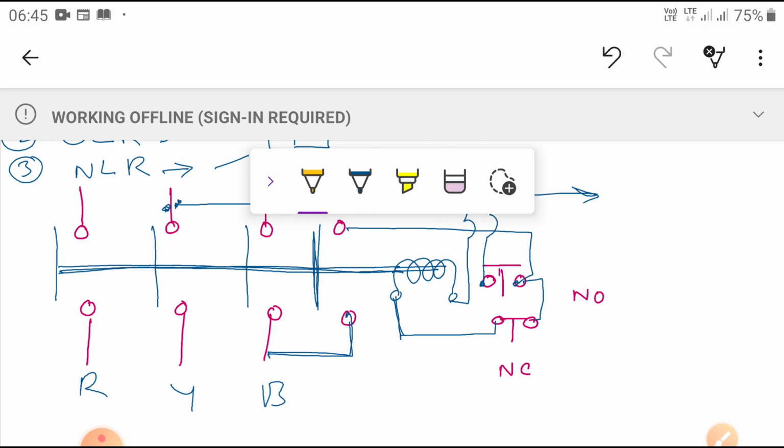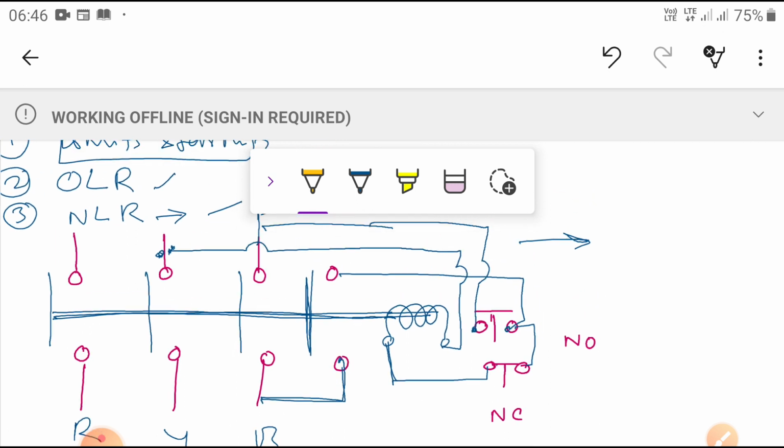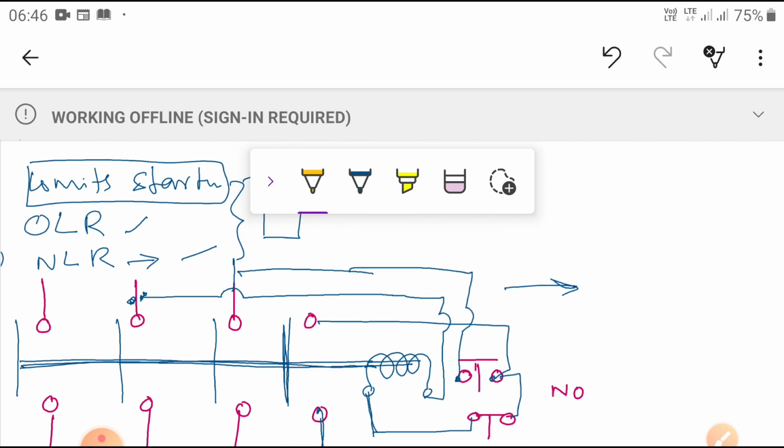Now you can see it under normal condition. So what is happening here? The current is coming here, for example, entered here, but here the switch is open. These two terminals are normally open. Supply is coming up to this one, but it is an open condition here, normally open.